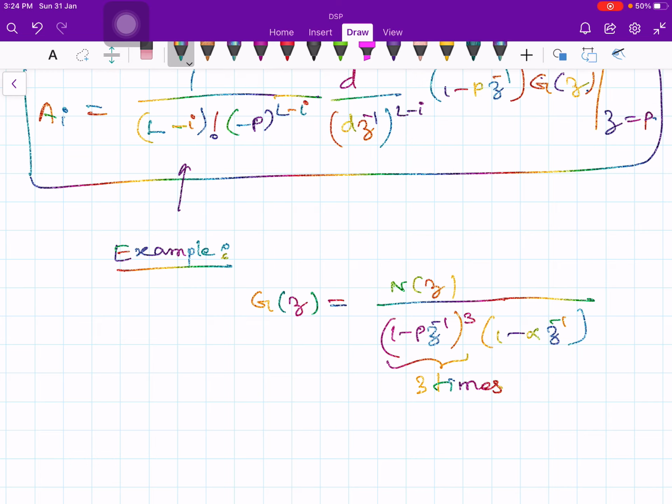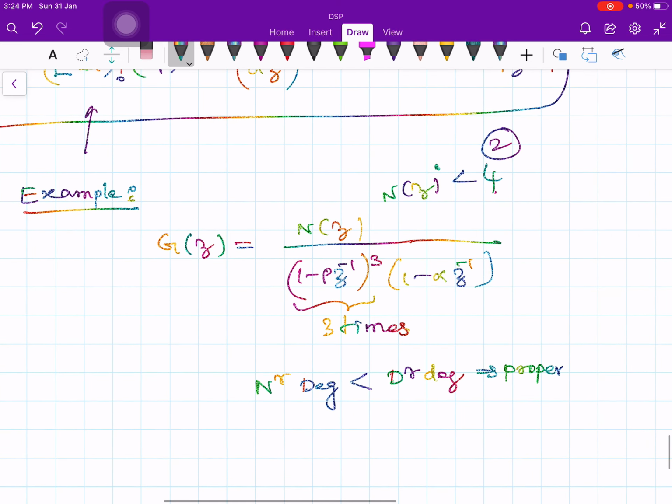Let's say the numerator degree is 2 or 3, something like that. If the numerator degree is less than the denominator degree, then we call it a proper rational function. The numerator degree is strictly less than the denominator degree, then we call it a proper rational function.